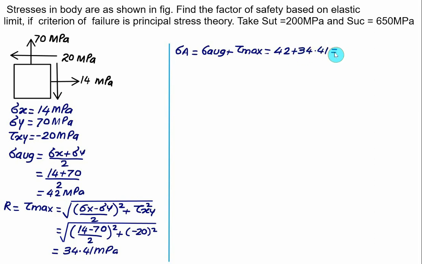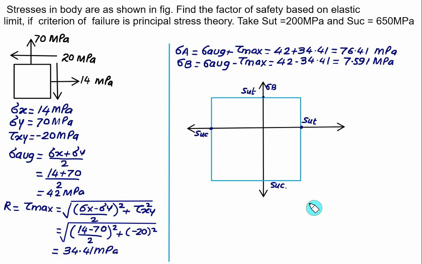So in this case the value of sigma A is equal to 76.41. Similarly, the second principal stress will be the minimum value. Therefore, we'll select the negative value of the maximum shear stress. So we have sigma average minus tau max, 42 minus 34.41. This value is also positive, and is equal to 7.591.